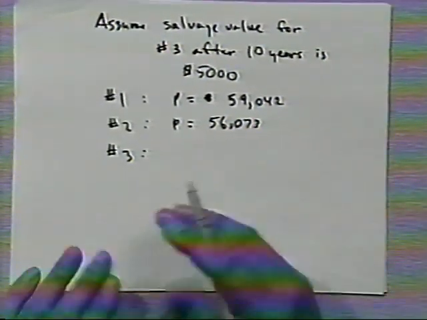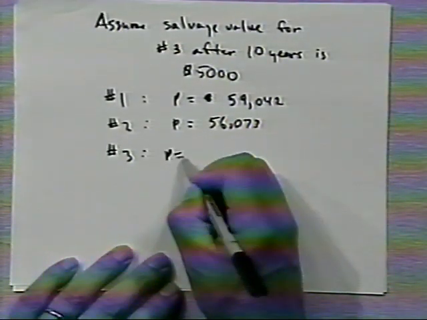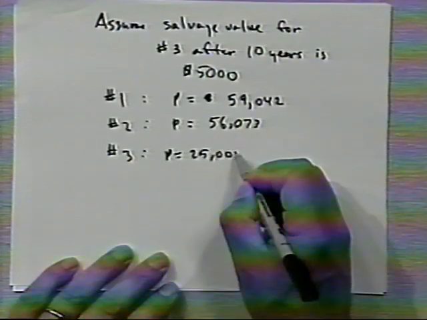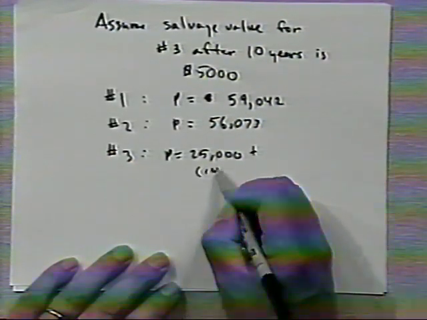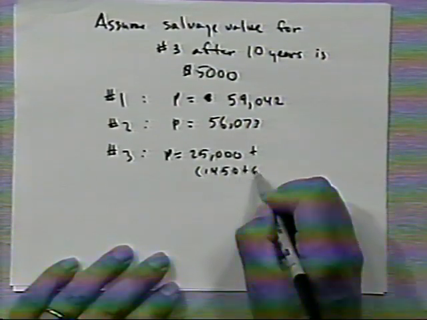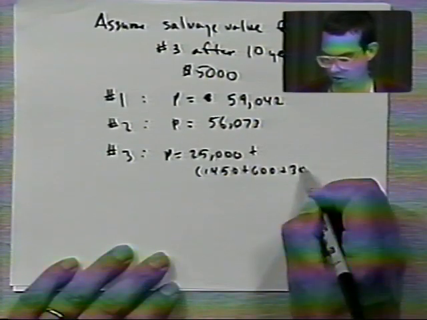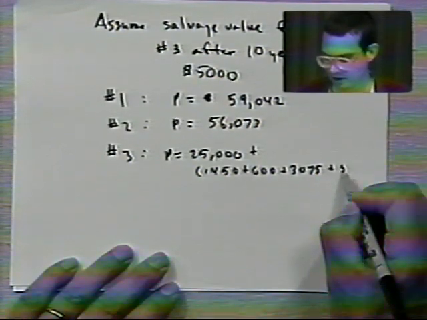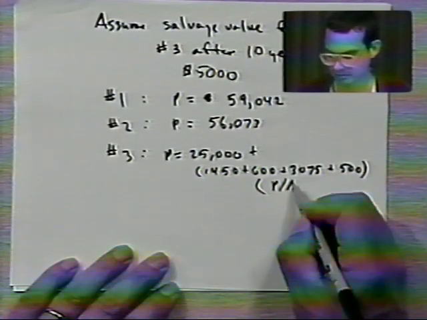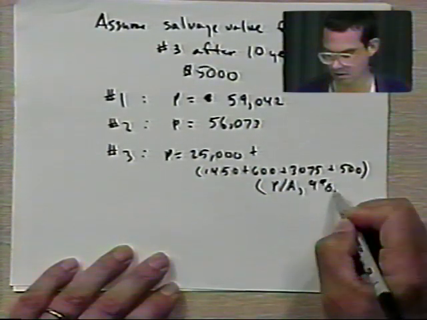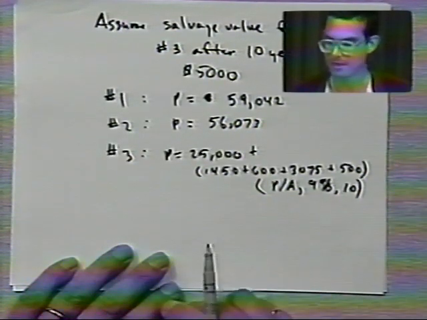First, we figure out the present worth of the alternative as $25,000 plus the annual costs of $1,450 plus $600 plus $3,075 plus $500 times the series present worth factor over the 10 years.